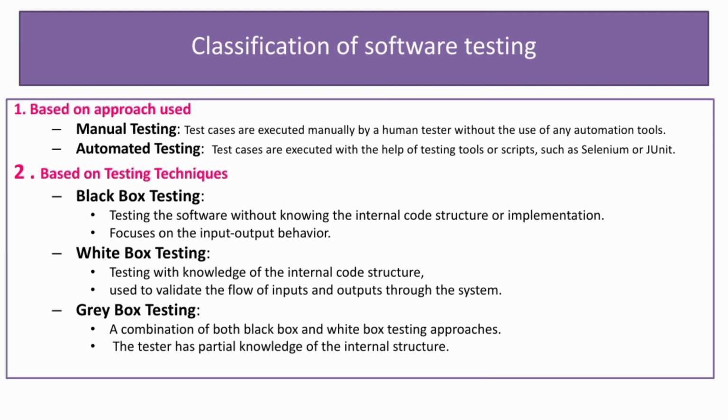The second criterion is based on the testing techniques. Here, the technique depends on at what depth the knowledge is required for the tester. That is black box testing, white box testing, and gray box testing.